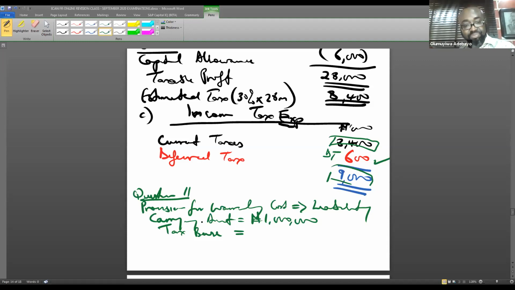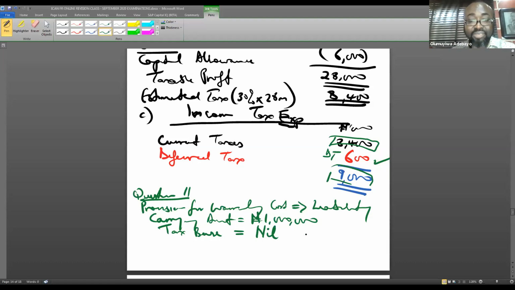But in line with IAS 37, based on our experience, we make provision for liabilities of uncertain amount and timing. In that regard, we recognize 1 million, as we have done in this case. But for tax purposes, such liability does not exist because it has not yet crystallized. In that situation, the tax base of this liability is nil. It does not exist.